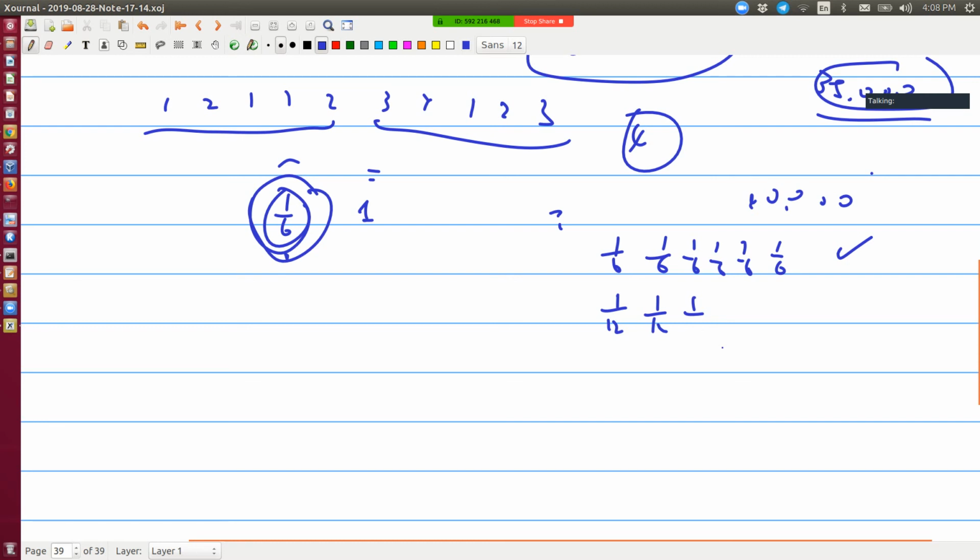Let me use coin tossing as an example again. Let's say I have a biased coin. So let me start with a new page here.